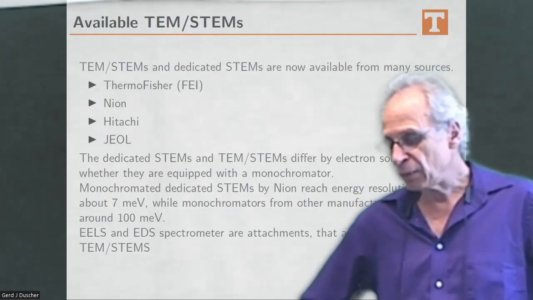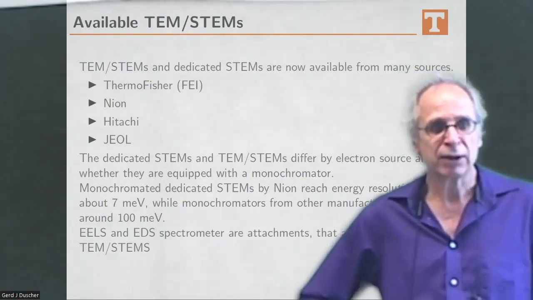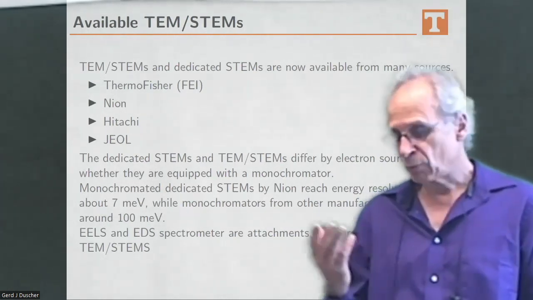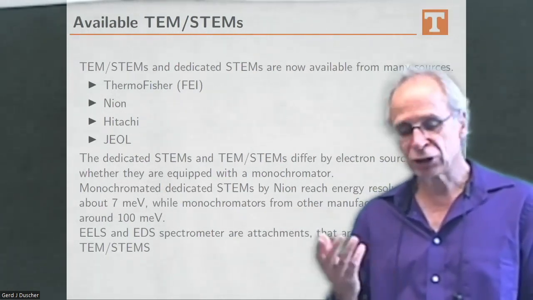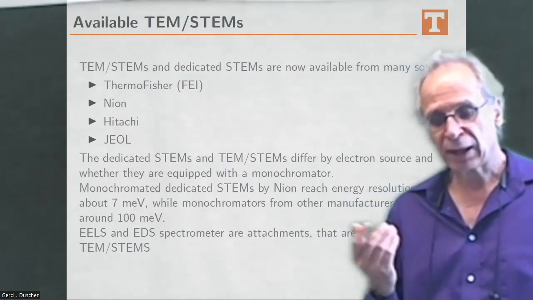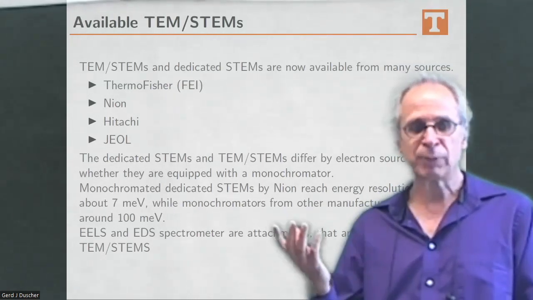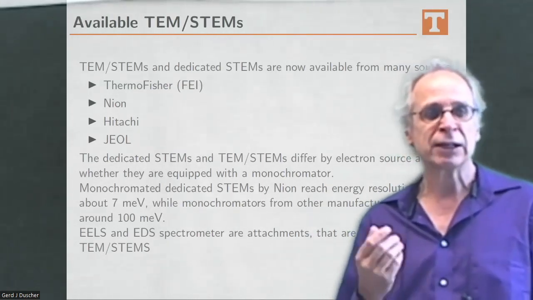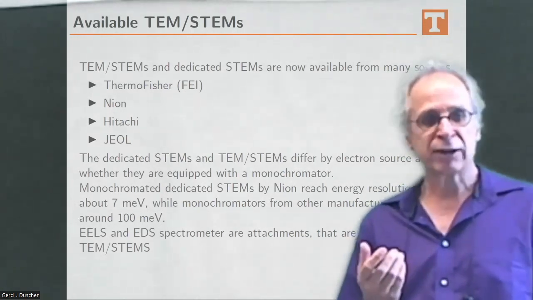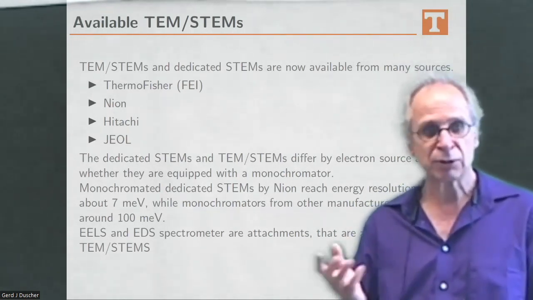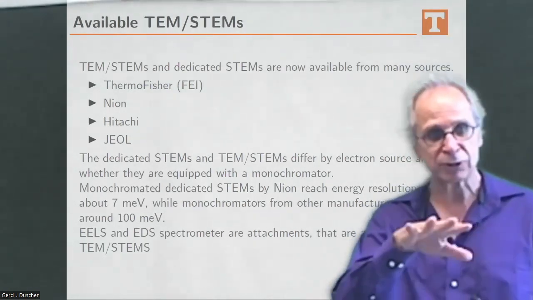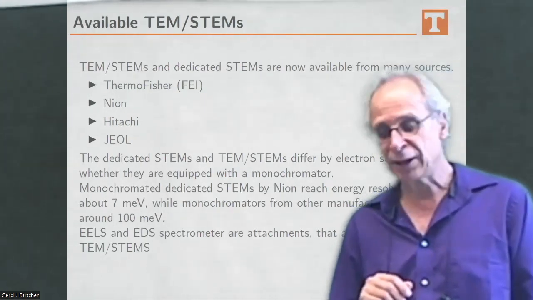So we can reach in the spectroscopy with Thermo Fisher or JEOL TEM/STEMs energy resolutions in the order of about 100 millielectron volts. That is what we usually use or reach with X-ray absorption spectroscopy. So we are completely in the same ballgame there. Not all microscopes have that, for the people not so familiar with TEMs.